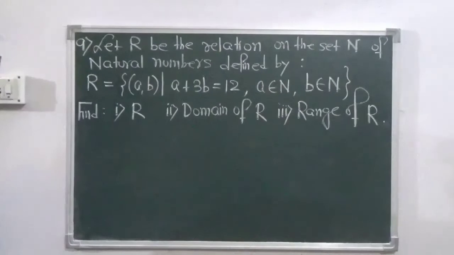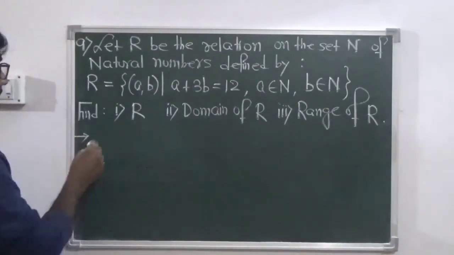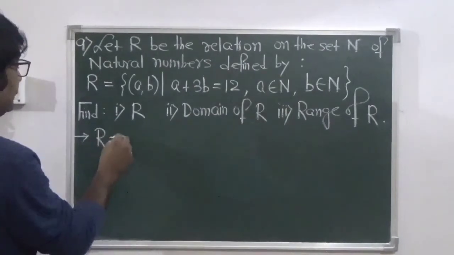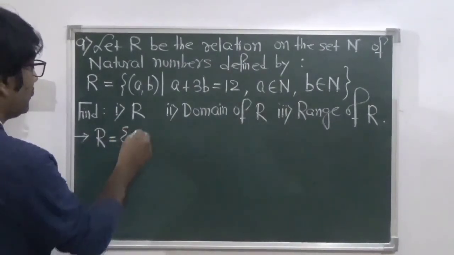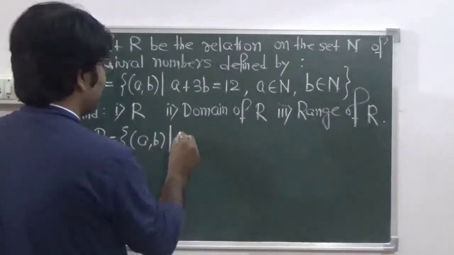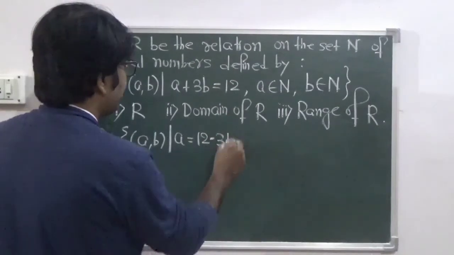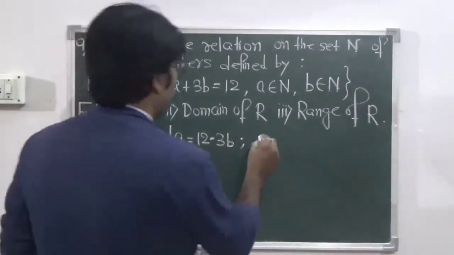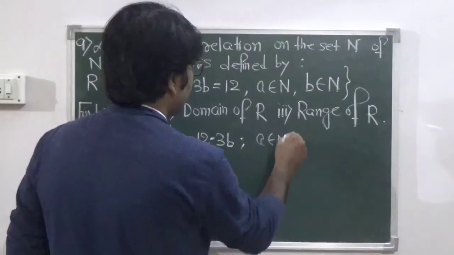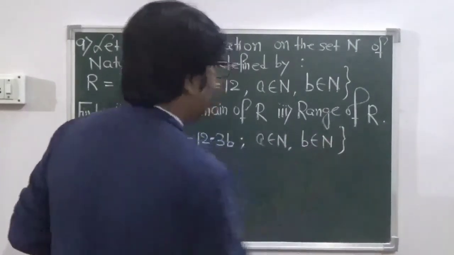Now the first thing that we need to do here is define the relation in the roster form. So the relation is given as (A, B). We can write it as A equals 12 minus 3B, where A belongs to the natural numbers and B also takes the values as natural numbers.